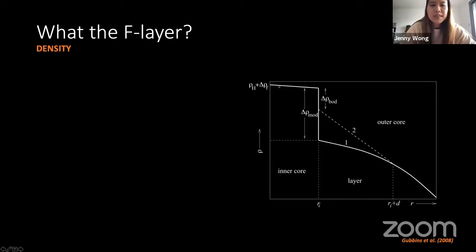So here's a corresponding cartoon. Instead of the P wave velocity, we're looking at the density now, which pretty much follows what you would expect from the seismic observations, because they're both related. The P wave velocity is roughly inversely proportional to the density.